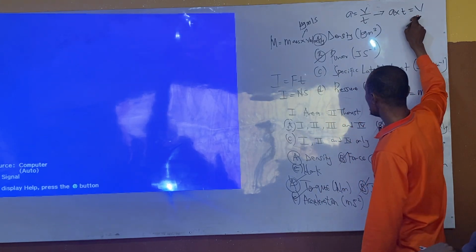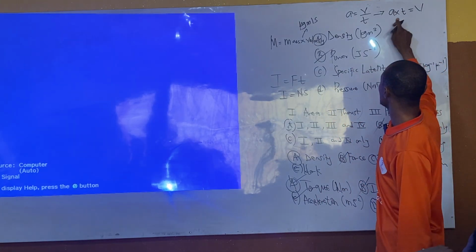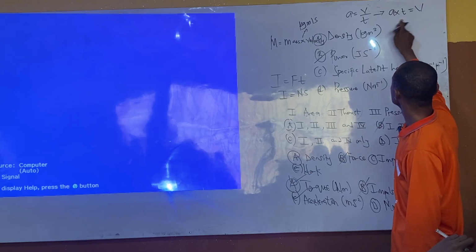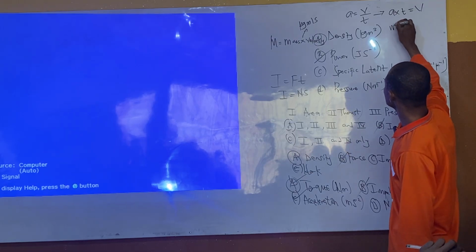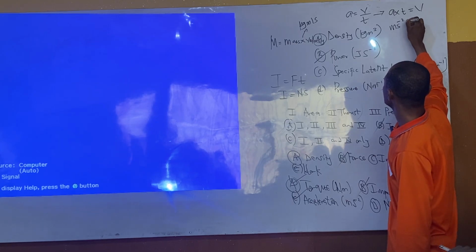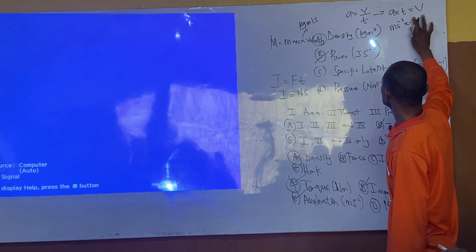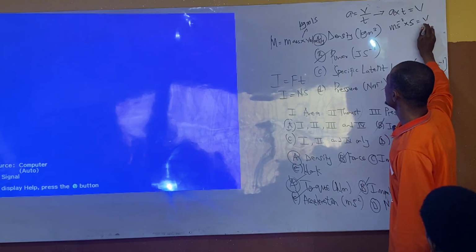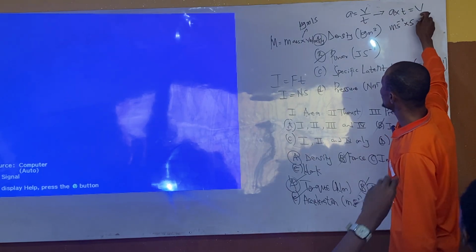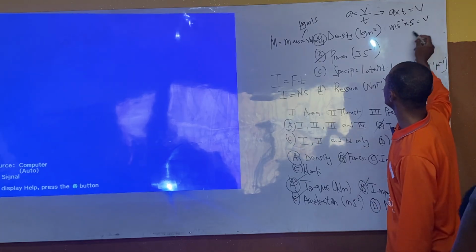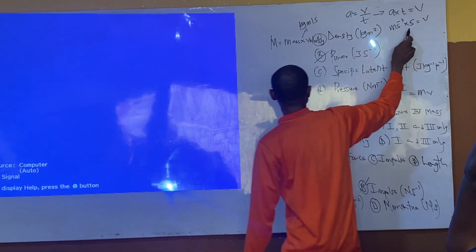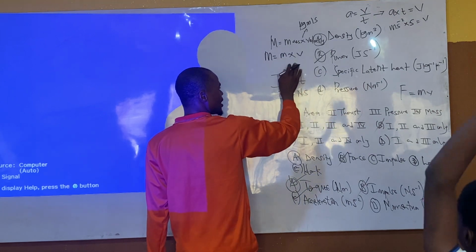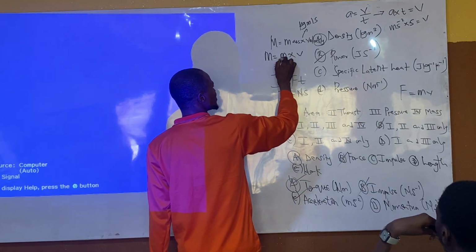Now, what's the unit of acceleration here? That's meter per second squared times time in seconds, which gives velocity. So if I'm having my velocity here, it can be replaced with this unit. I can write momentum as mass times velocity. What's the unit of mass?